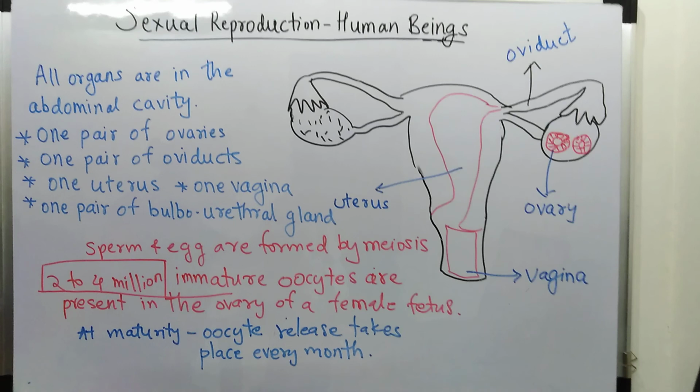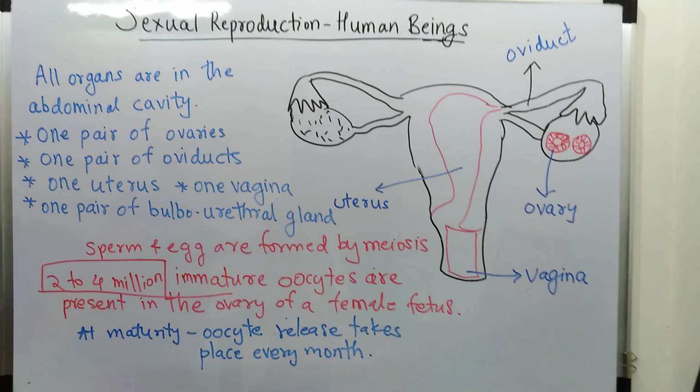Now what happens? An oocyte matures and is released from the ovary every month from the beginning of maturity. Just as boys reach maturity, girls also reach maturity. When they reach maturity, every month one oocyte is released. So an oocyte matures in the ovary, these immature oocytes.